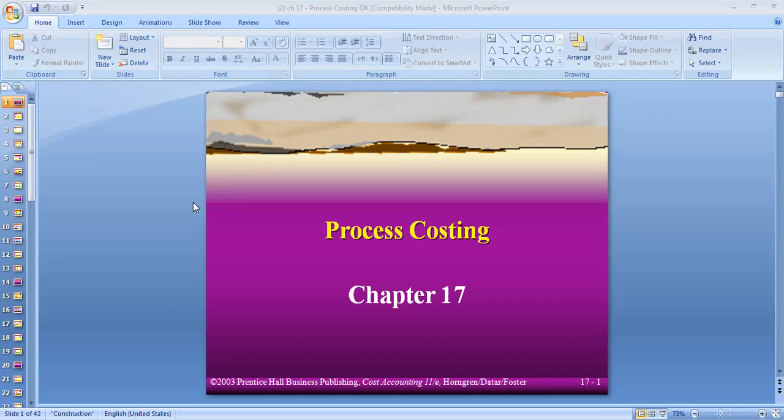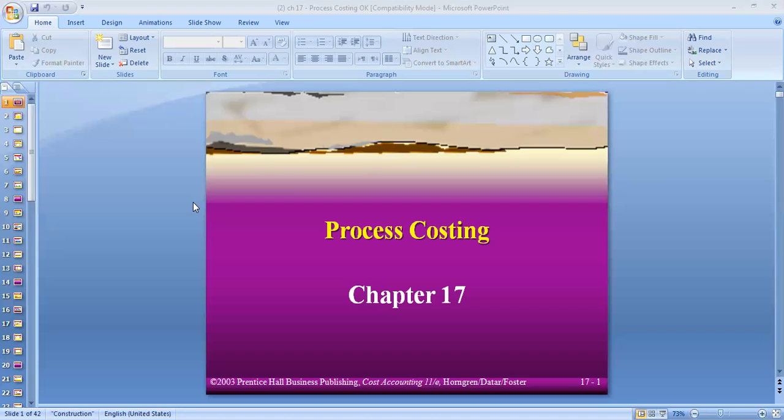When I began explaining the process costing system, I told you that you have to prepare three main reports and an account, or two main reports and a sheet with a ledger account. What are the main reports?